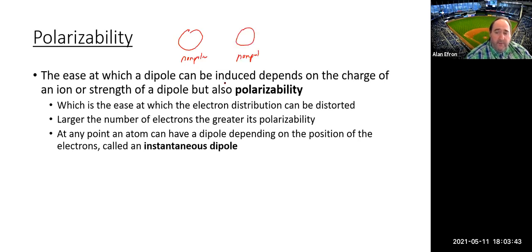they are nonpolar, which means they both are essentially neutral. There's no positive side or negative side. But electrons are constantly moving around, flying around. So it is possible that at some point, all the electrons in this first nonpolar molecule decide, let's all go take a vacation over here on this side of the molecule.